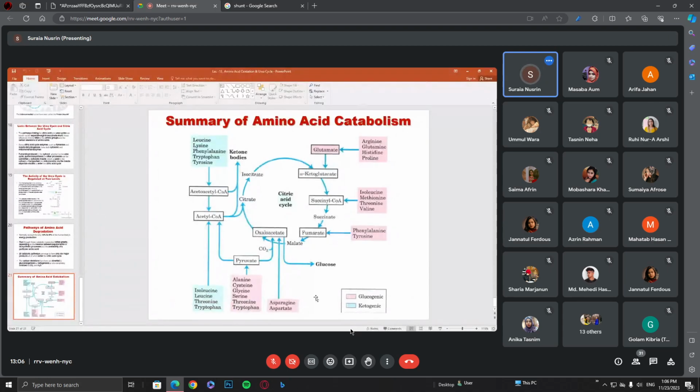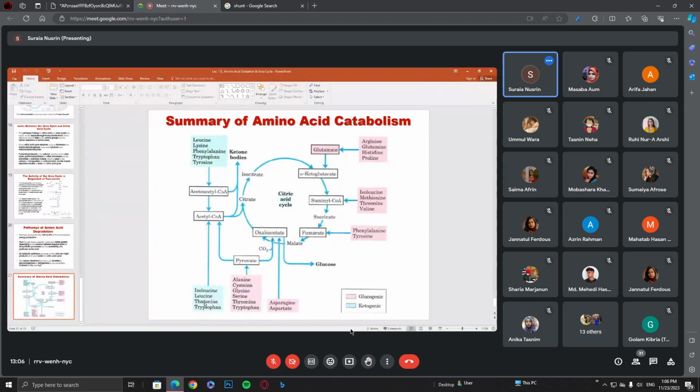But if you look at this figure, these are the amino acids and they are entering the TCA cycle as alpha ketoglutarate, succinyl CoA, fumarate, oxaloacetate, pyruvate. So mainly these are glucogenic because they are directly producing the intermediates of the TCA cycle.